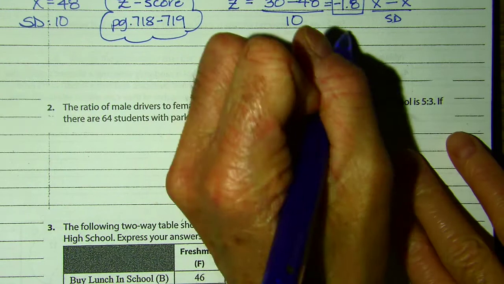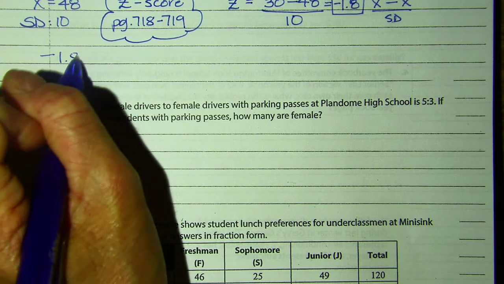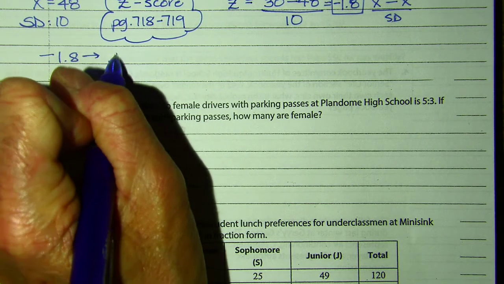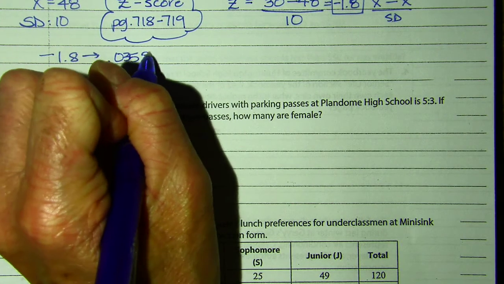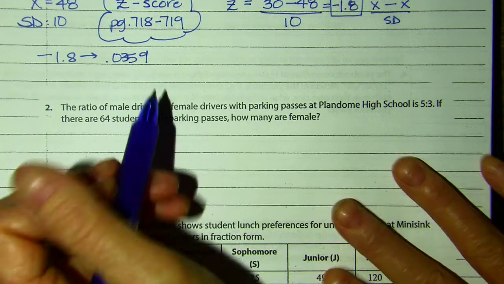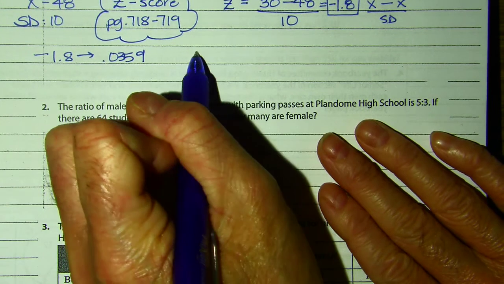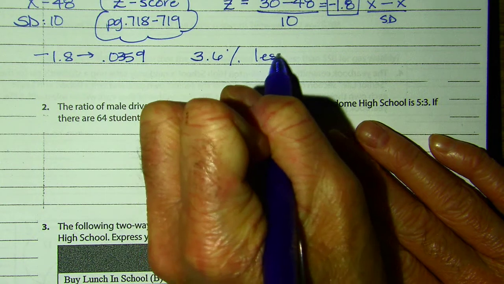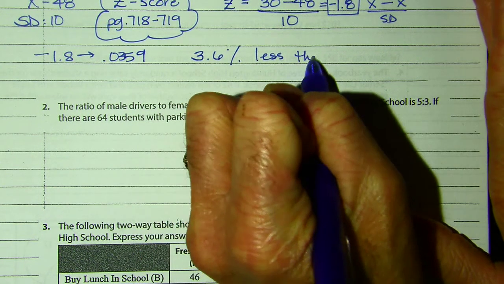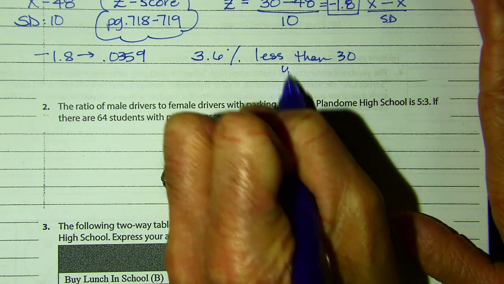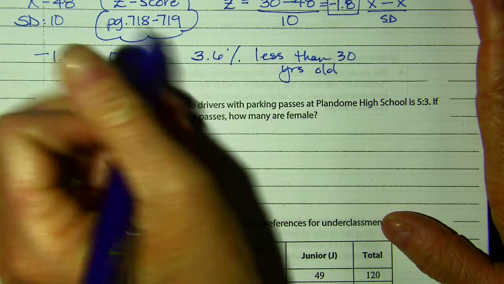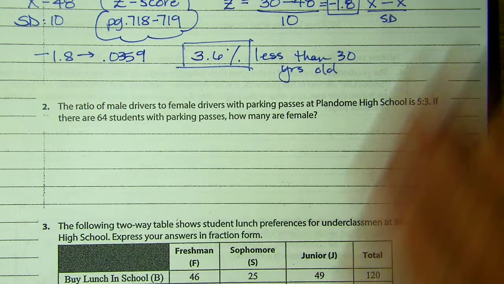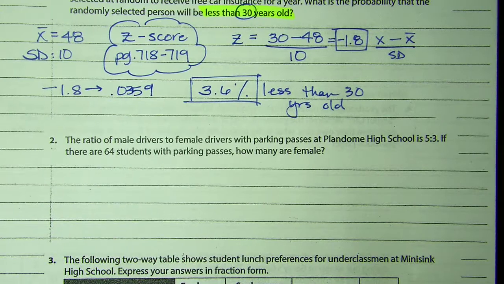So from that table, negative 1.8 gave me 0.0359. That means only 3.6% are below it, are less than 30 years old. And we'll do more like that in a little bit, okay?